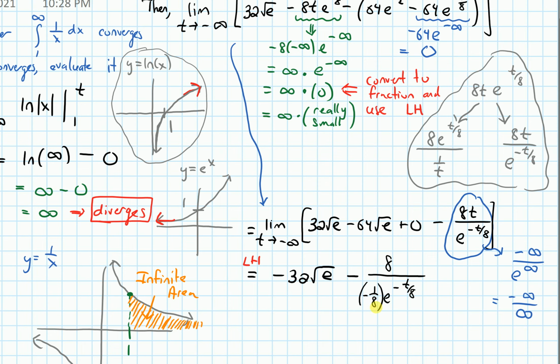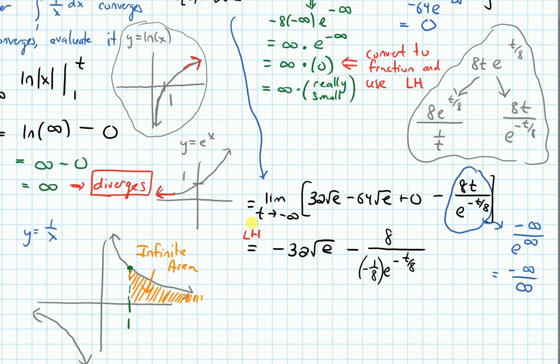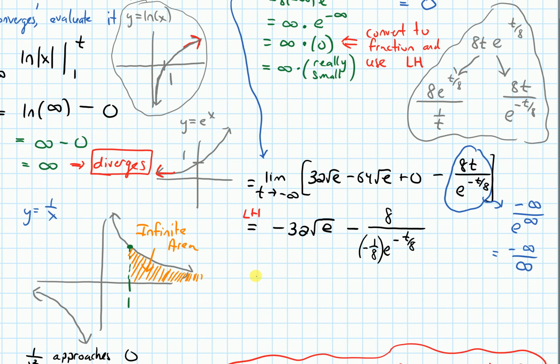Okay, so from here, we are good to plug in. And plugging it in, this equals negative 32 root e minus, and if I bring this negative 1/8 up to the top and take the reciprocal, we end up with negative 64 on the top.